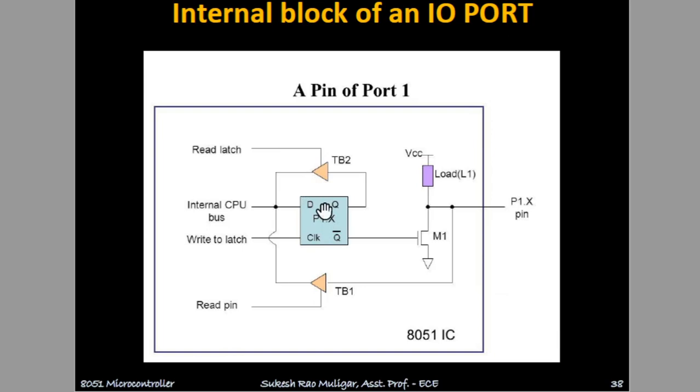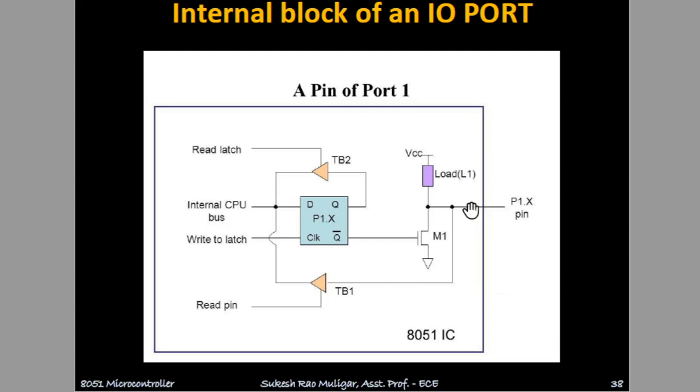This D flip-flop will give the status at Q and Q bar depending on the line value here, and the MOSFET will be turned on when Q bar is 1, and turned off when Q bar is 0.